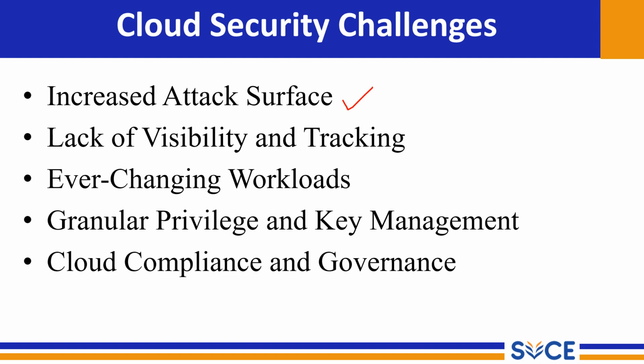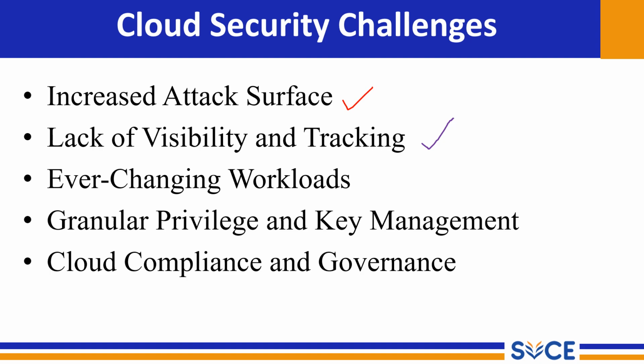The second one is about the lack of visibility and tracking. What it means is that a cloud environment often presents a lack of visibility and control over some data and resources. This lack of transparency complicates monitoring, tracking, and managing assets across multiple cloud service providers.